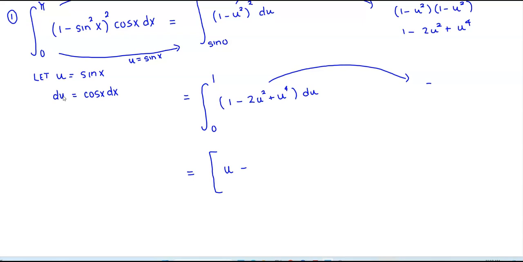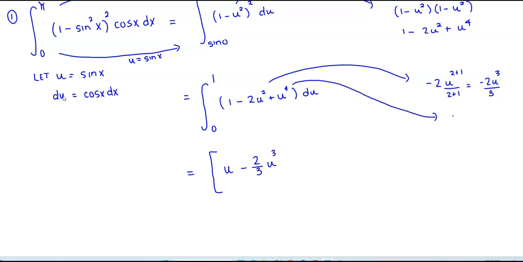We have minus 2u to the 2 plus 1 over 2 plus 1, which equals negative 2u cubed over 3, so we get negative 2/3 u to the third power.